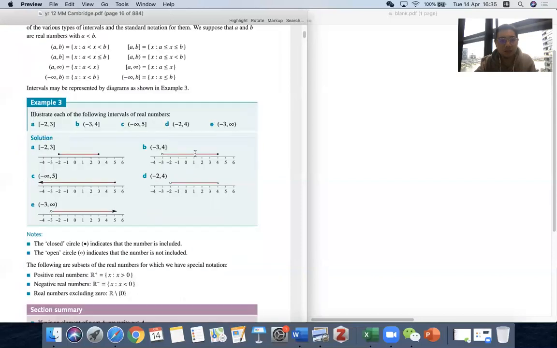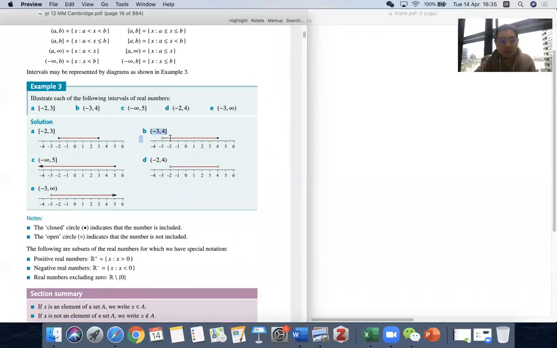If it's not, we put a small empty circle on it, okay? So in this case, it means the x value is greater than -3, but less than or equal to 4.